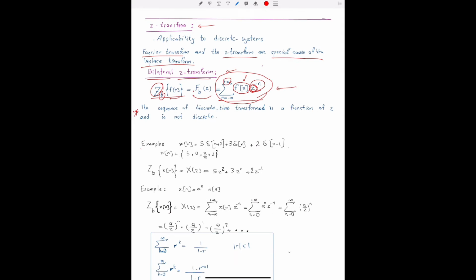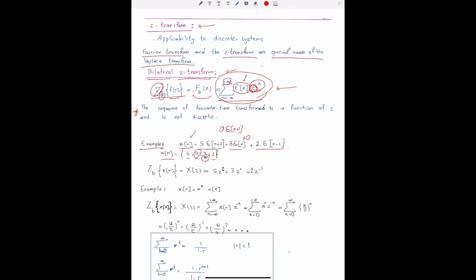Now let's look at one example here. We have a discrete time signal x of n equals 5 delta n plus 2, plus 3 delta n, plus 2 delta n minus 1, and x of n is the set 5, 0, 3, and 2, where 3 is where delta n is 0. So 5 is for delta n plus 2, 0 is for the 0 multiplied by delta n plus 1, right?